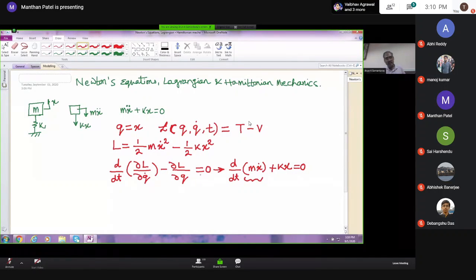So if mass is constant, then only we can bring it outside. So for dm by dt equal to 0, we get m x double dot plus kx is equal to 0.